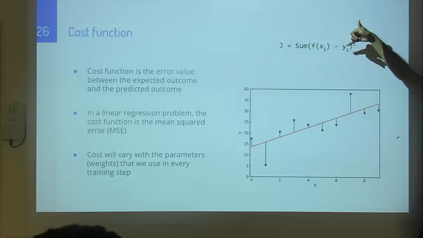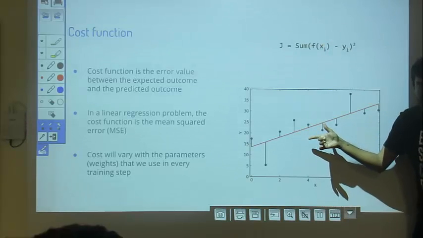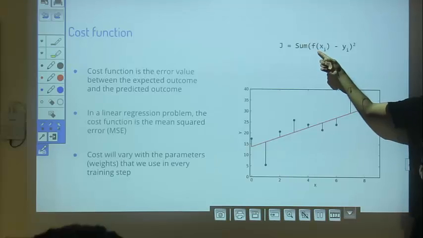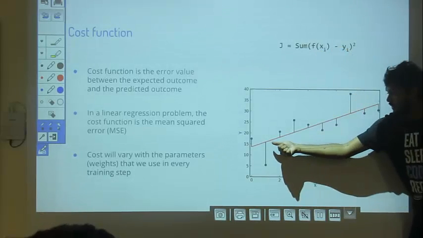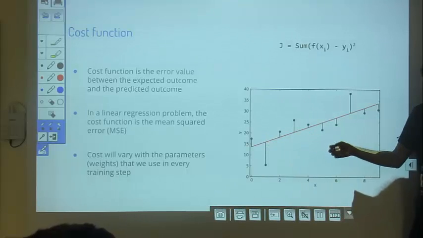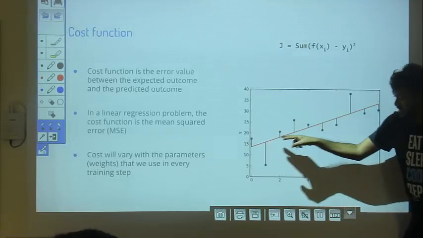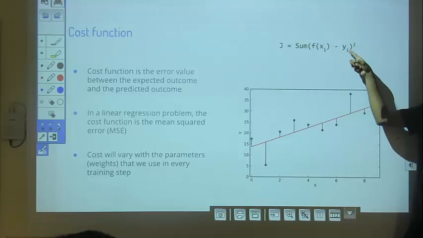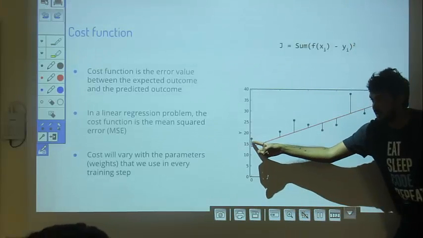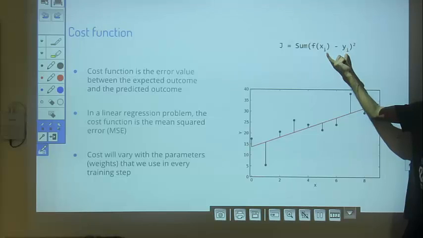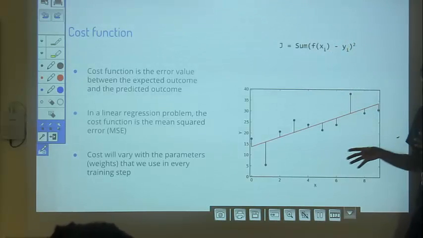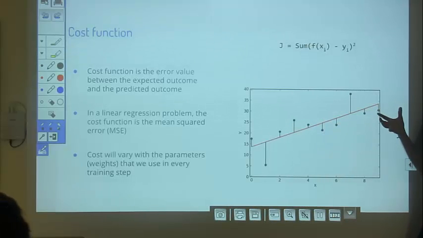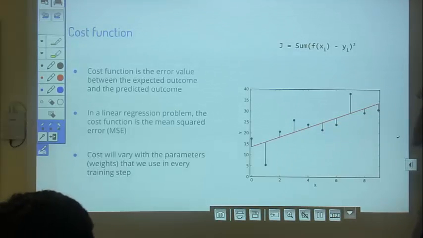f(x) is your function, mx plus c, this red line, minus y, the actual output, which is this data point. We get the difference and we sum the differences over all data points xi, and we square the value.